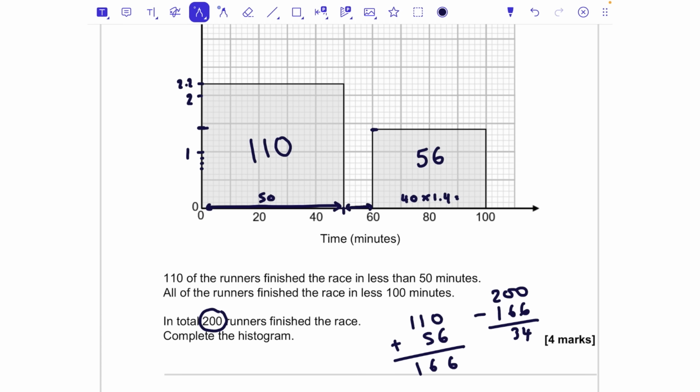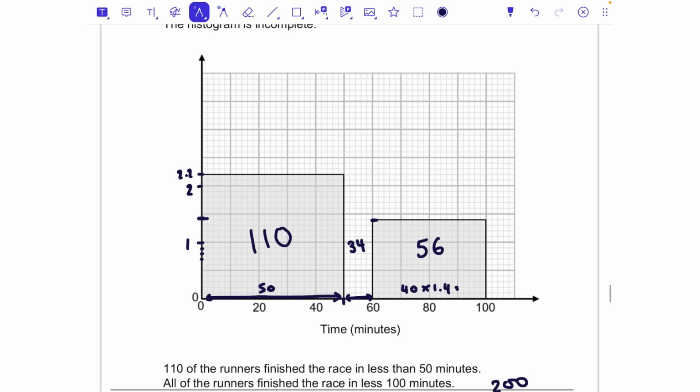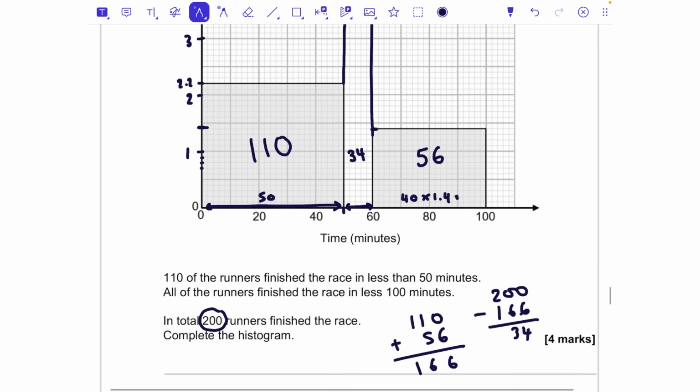So I want it to have an area of 34 and we know it has a width of 10. So 34 divided by 10 gives me a height of 3.4. So I'm going to be going up to here. So that bar there looks a little bit like that. Perfect. And that would have an area of 34 and then our histogram is fully complete.